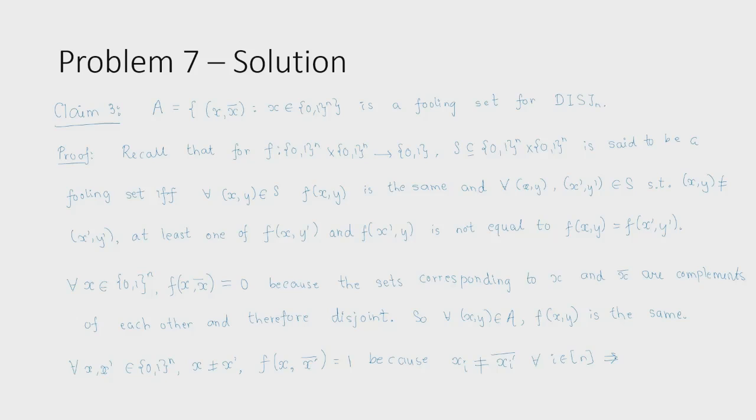When is it possible that two strings disagree at every bit? It's only possible if they are complements of each other, right? So this is only possible if x is equal to x' complement, which is the same as saying x is equal to x', right? So is this argument clear?